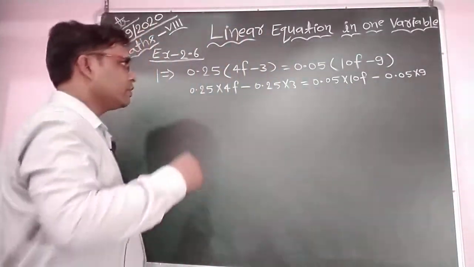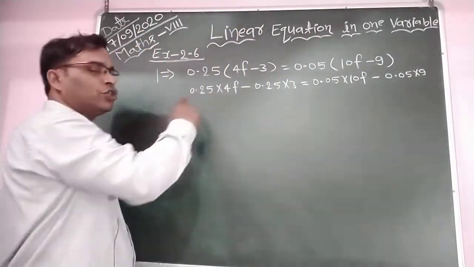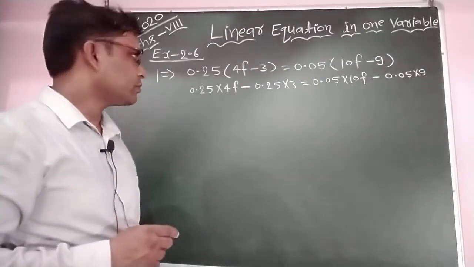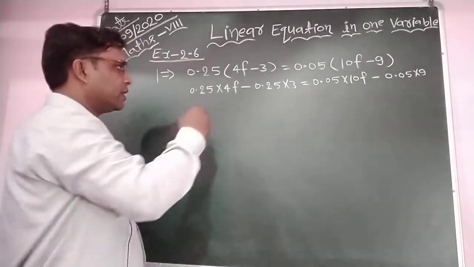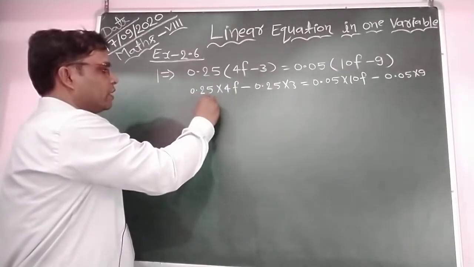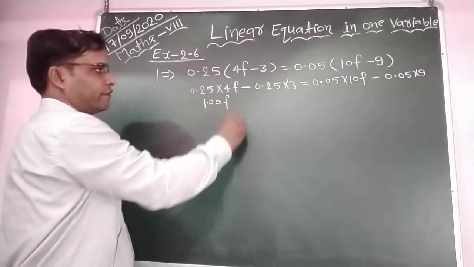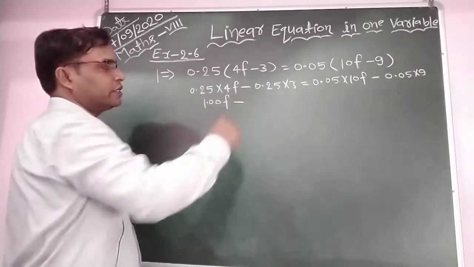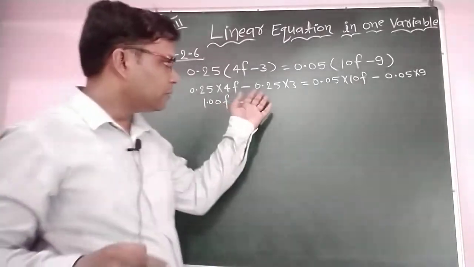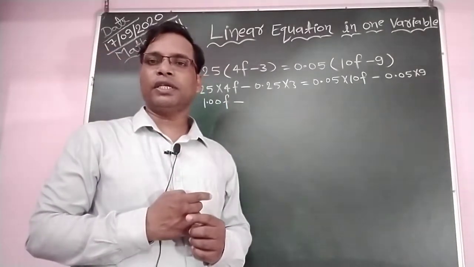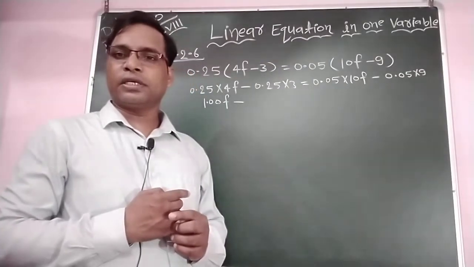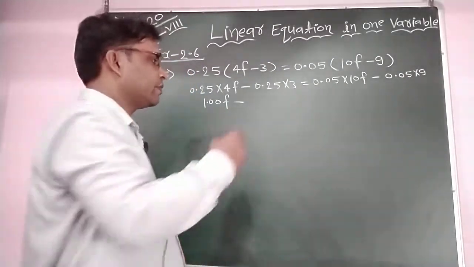Clear? Now if we multiply 0.25 into 4f, we obtain 1.00f, minus, and multiplying 0.25 into 3, we obtain 0.75.